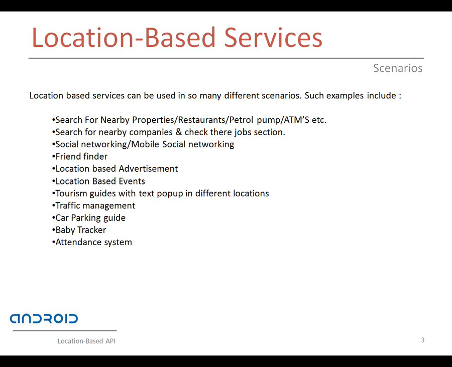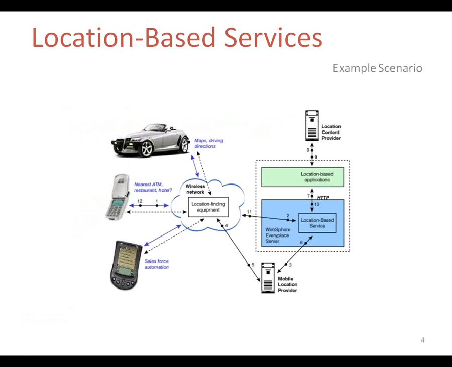See, this is an example scenario. In the first one, we can develop an application for a car which can check the current speed and automatically send it to the server.